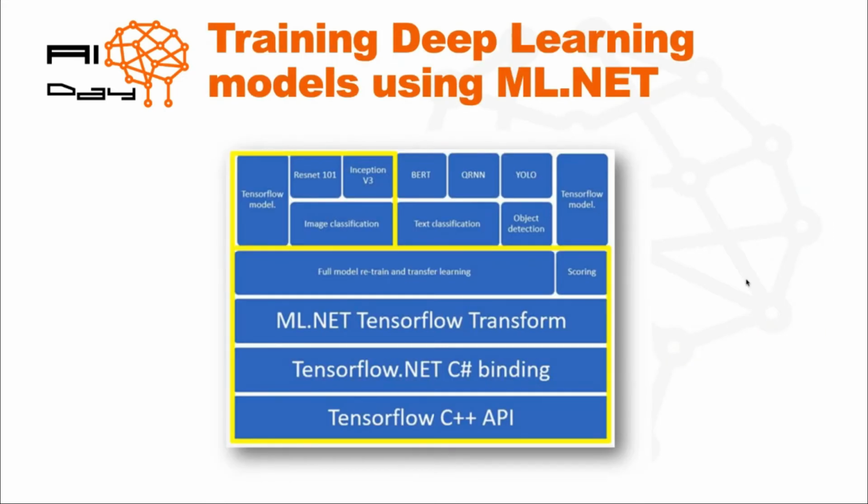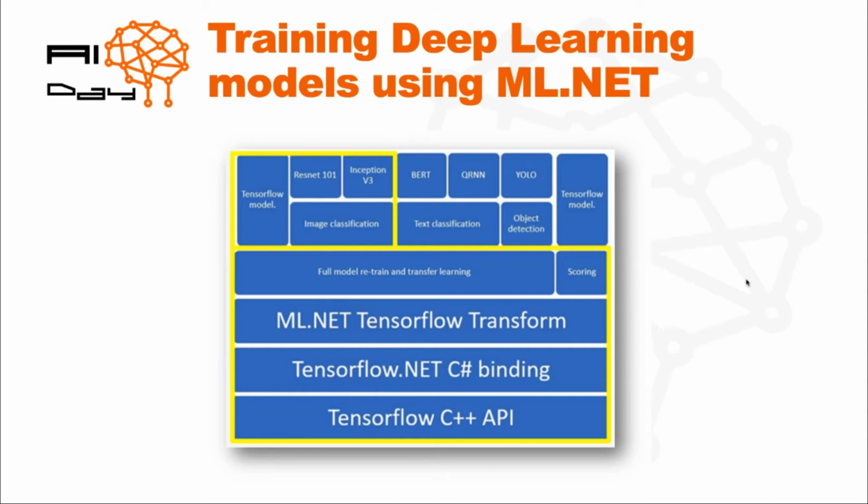Okay, and before we go to the demo, it is possible to implement deep learning or train deep learning models using ML.NET. Basically, we are going to leverage the knowledge that is acquired by pre-trained models, such as Inception version 3, ResNet 101, and apply some techniques such as YOLO, for instance.